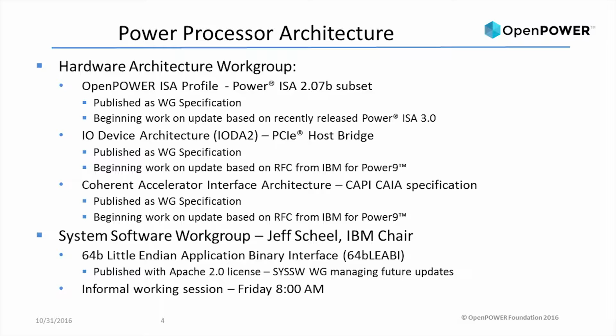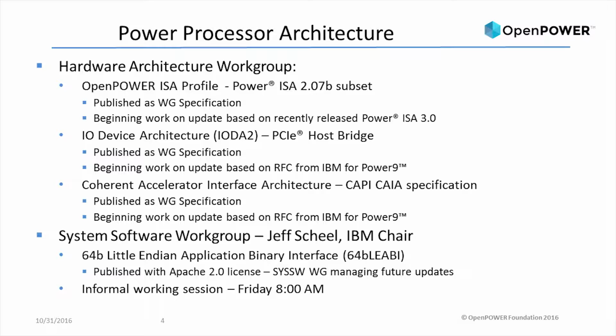It's a small document. There's an I/O device architecture document that talks about important things like how the software views the PCIe host bridge. Dull, right? But that's the kind of thing we're doing as part of OpenPOWER, is to make those specifications available so people who develop applications and develop new hardware solutions can be compatible.